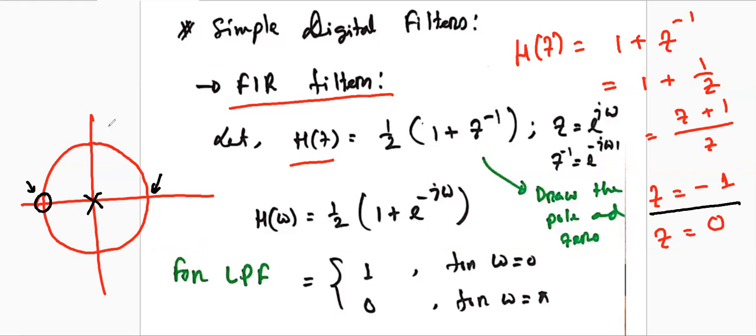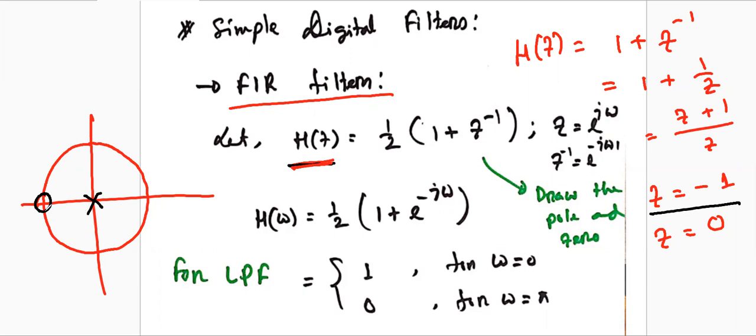Okay. So for understanding, we are always designing our filter from the Z plane representation, where we always take into account that all the poles and zeros are inside the circle.